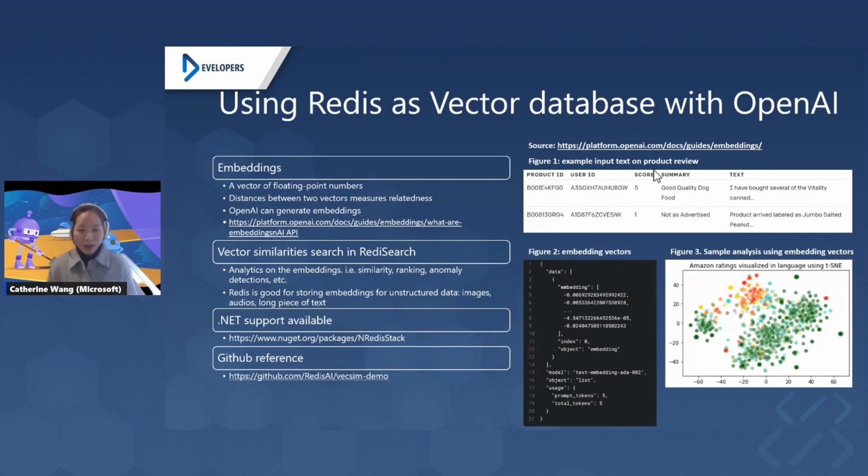So now we have a numbers representation of input from various sources and various types. With all these embeddings, it becomes easier to compare the similarities and differences. Here's an example from the OpenAI website where we are using text input from product review data. Figure 2 shows examples of embeddings. It's literally a vector of floating point numbers.